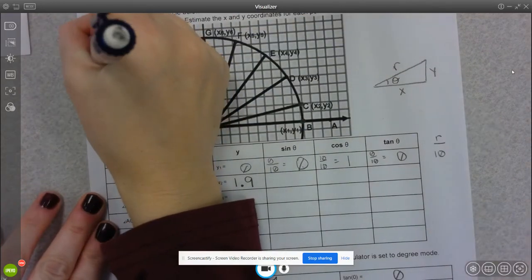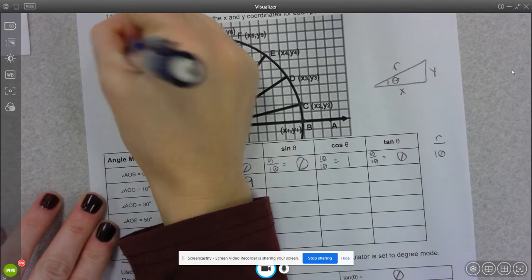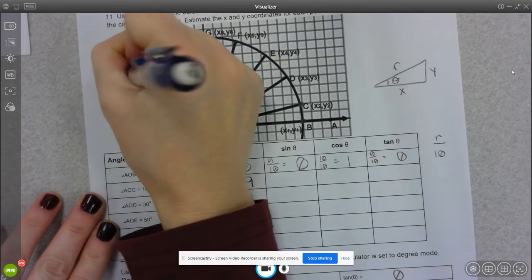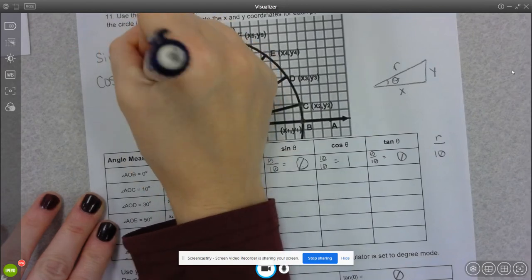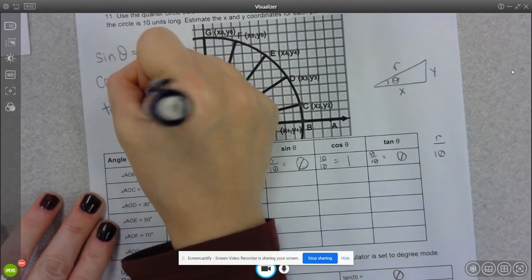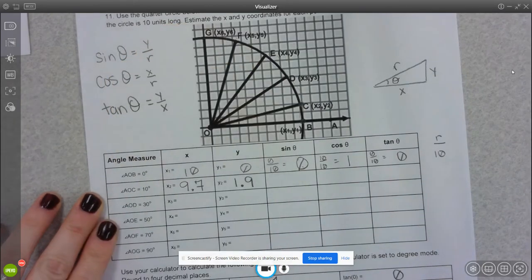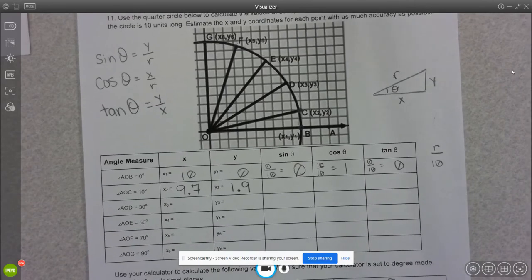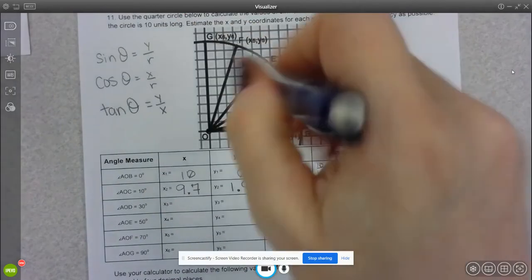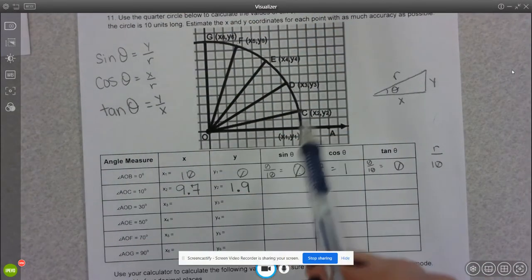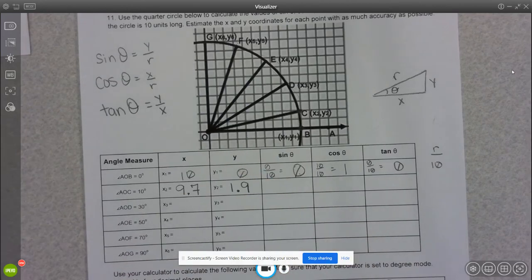So just in case we forgot, sine of theta is y over r. Cosine of theta is x over r. And tangent of theta is y over x. So r is always going to be 10. It is the radius of this circle. Now, granted, if I gave you the whole graph, you'd see a beautiful circle where I hit 10 on each axis along the way.